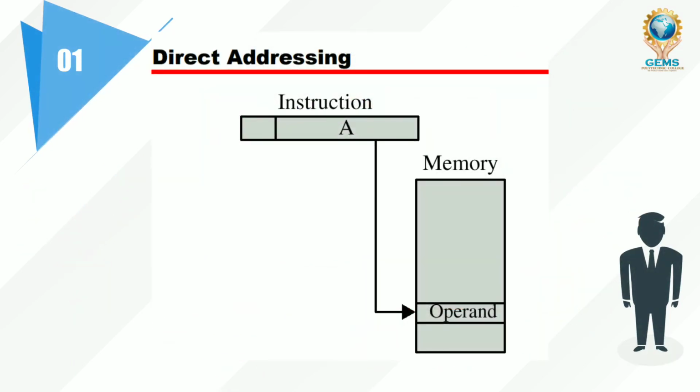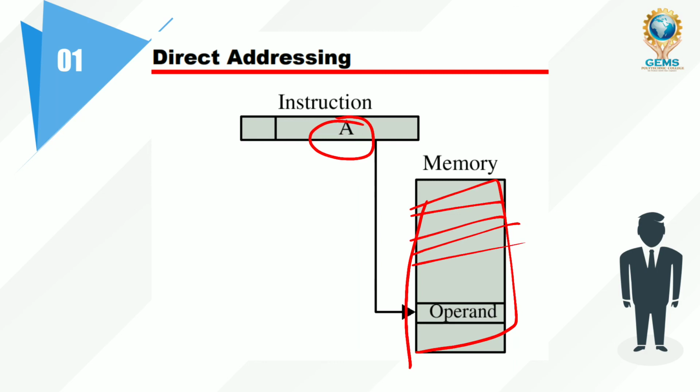Look here, we can understand easily. What is this instruction? I already said this is the operand. Here is the memory, and in this memory many locations are there, many operands. One operand is A, and something is there.